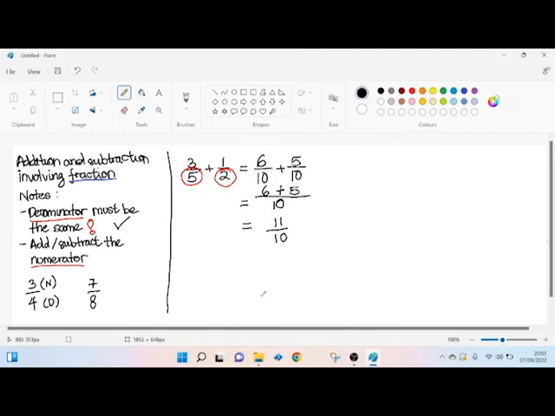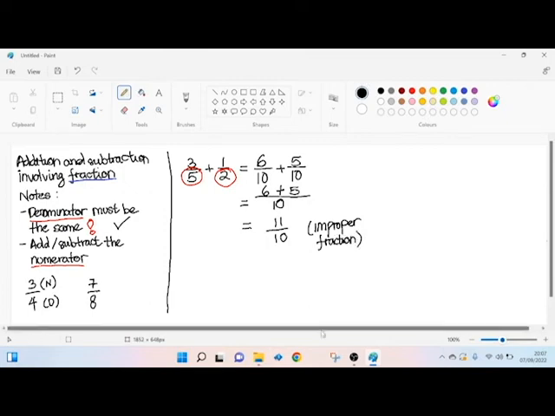Now, 11 over 10. Is it the answer? Yes. But this one is not, let's say, a perfect answer. Why? Because this one is called an improper fraction. Why is it called an improper fraction?